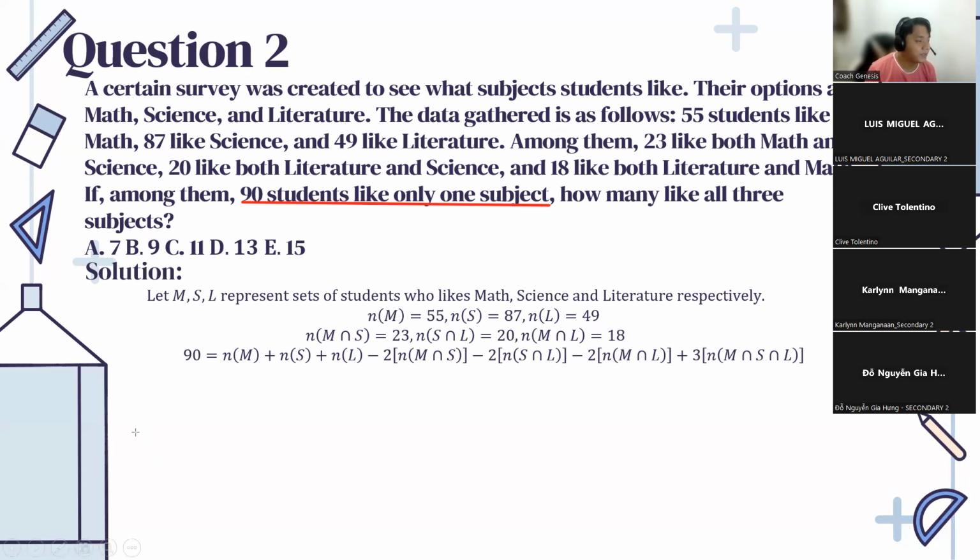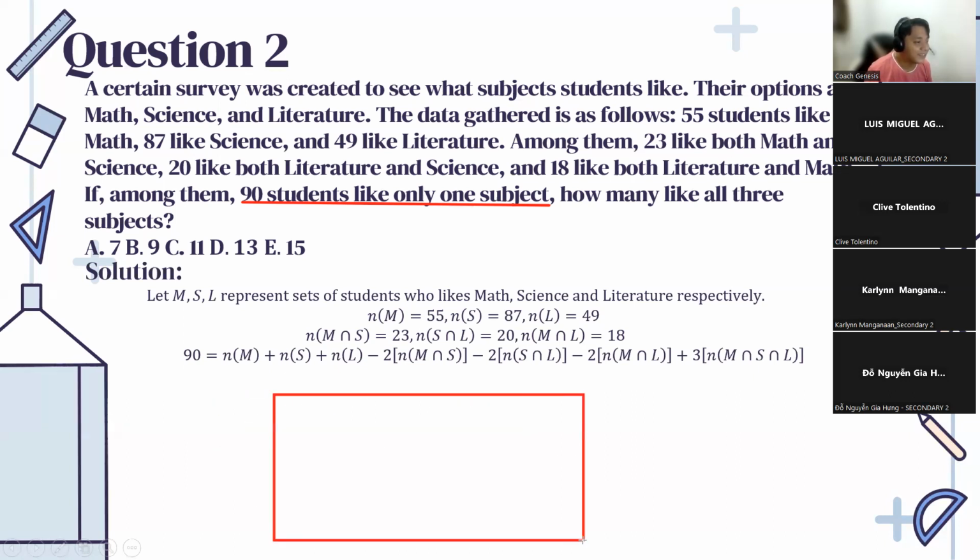Okay. So if you were to draw a Venn diagram, let's just try to draw. You have here, and then the other one, something like this.